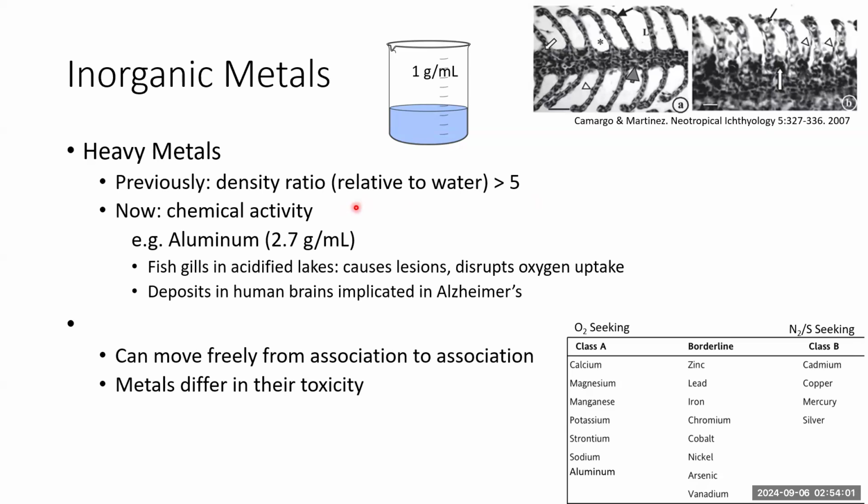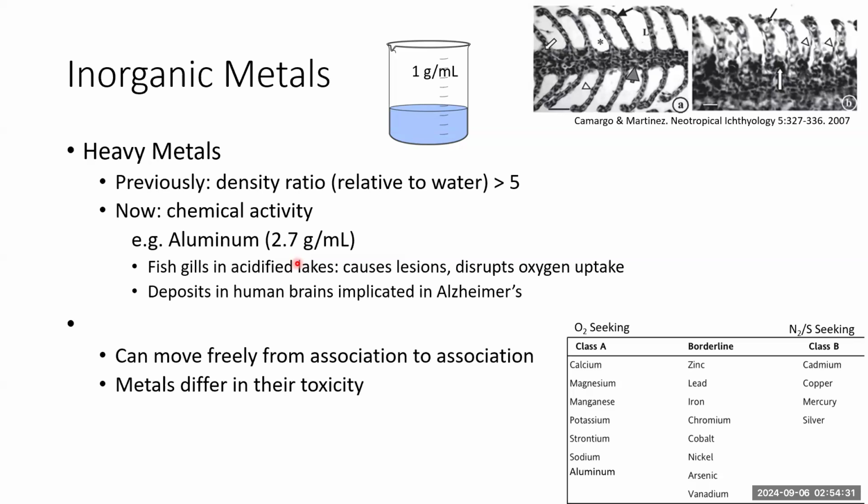And so the term heavy metals still gets used, but it's considered less important from a toxicological perspective than the actual chemical reactivity. So for example, aluminum. Aluminum has a density of 2.7, so less than that 5 ratio, but it is considered a fairly toxic metal. It has a lot of chemical reactivity.